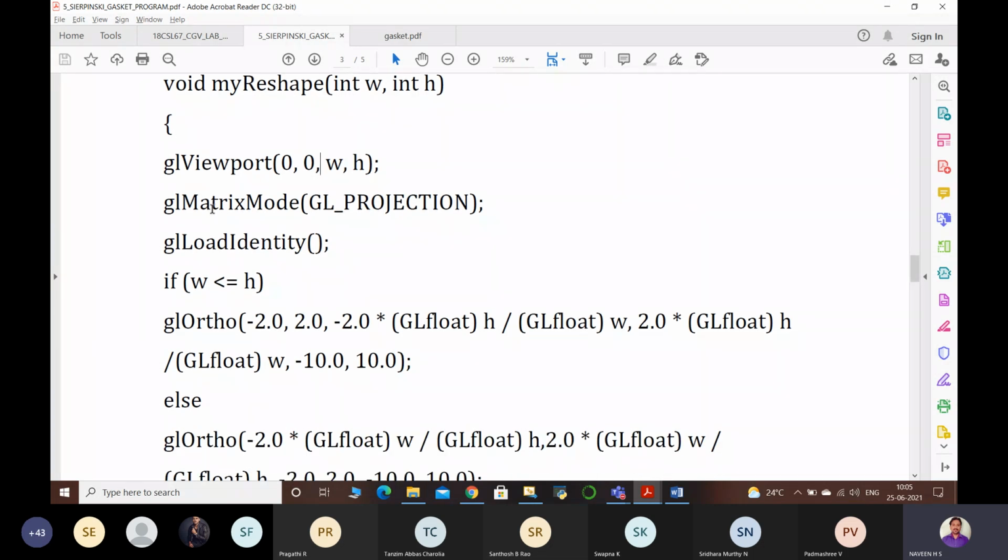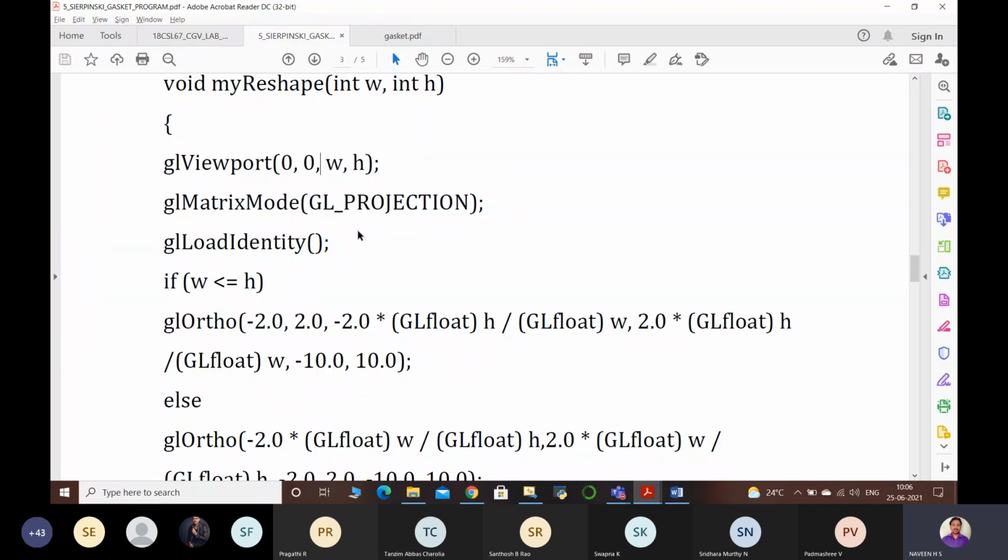And glMatrixMode, glProjection. Any idea what the matrix mode function will do?